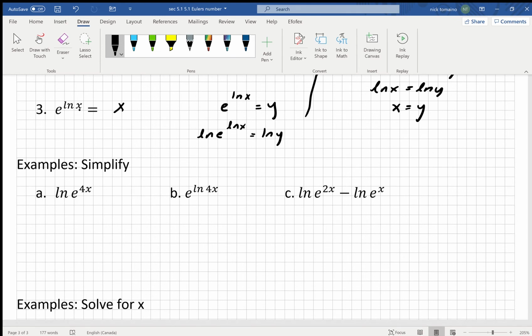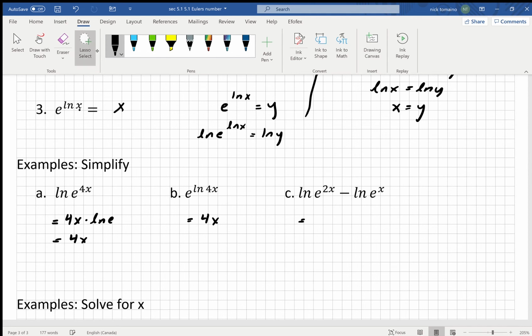So now we're going to simplify a couple of examples here. The first one is ln of e to the 4x, and we're going to use our rule 2, and this is just equal to 4x times ln e, which is simply 4x. Okay, part B, we're going to use our rule 3, and that's simply equal to 4x.